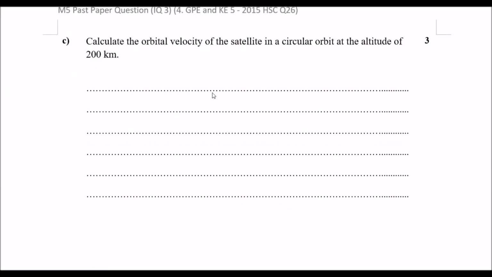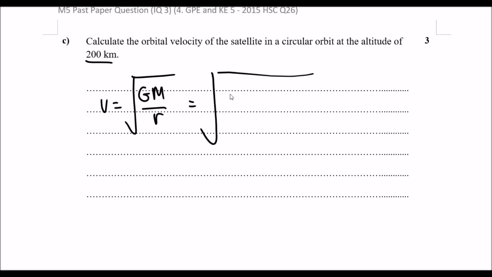Okay, and then we go to C. It says calculate the orbital velocity of the satellite in a circular orbit at altitude of 200 kilometers. So orbital velocity, the formula is v equals the square root of GM over r. The gravitational constant we already know. We also know the mass of Earth.